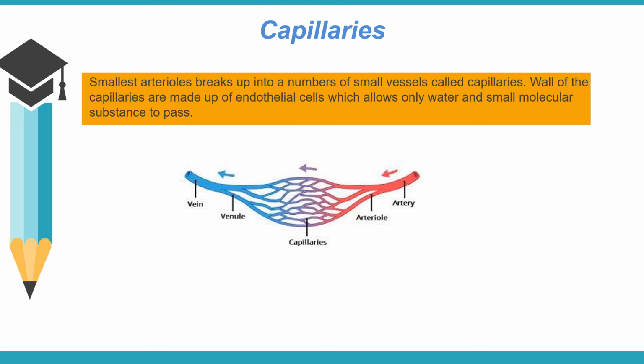Large molecular substances like plasma proteins and blood cells cannot pass through the capillary wall, and the diameter of the capillaries is like an erythrocyte, that is 7 micrometers.